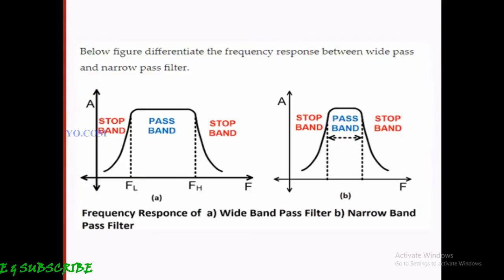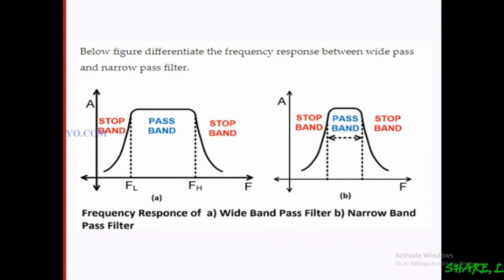This is the frequency response of two types of bandpass filter, that is, the wide bandpass filter and the narrow bandpass filter. The first diagram indicates the wide bandpass filter frequency response. The bandwidth is measured at 3 dB.